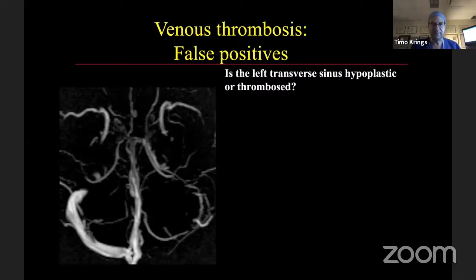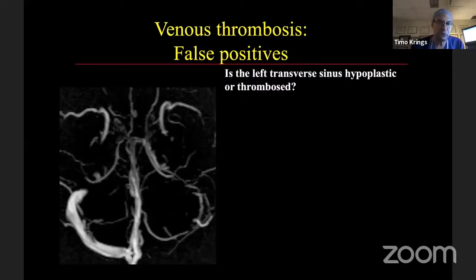If you see this scan, the major question that you have to ask yourself is: is this a thrombosed left transverse sinus? Or maybe is this a hypoplastic sinus? Because there are lots of anatomical variations in patients with the venous sinuses, and it may very well be that this sinus was congenitally not present.